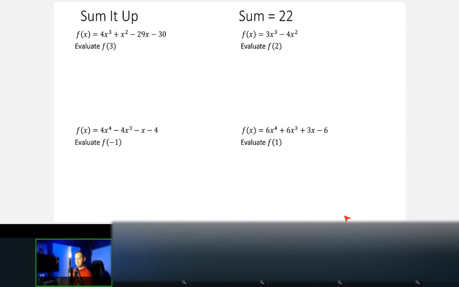Let's do 4 minutes. I think 4 minutes might be enough to get all 4 done. A minute per, right? All right. Ready, go. See, a lot of you are tabbed out. Are you not working or are you working?